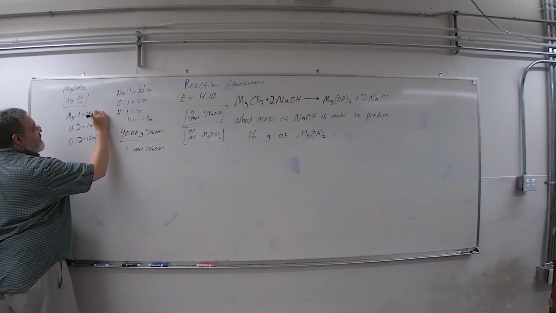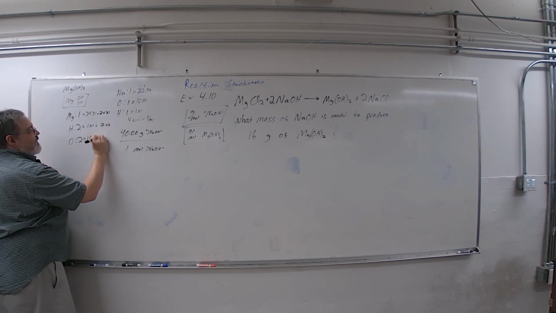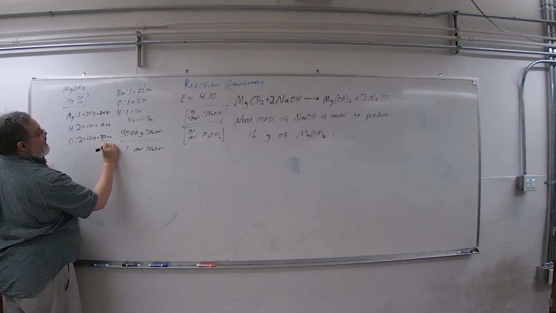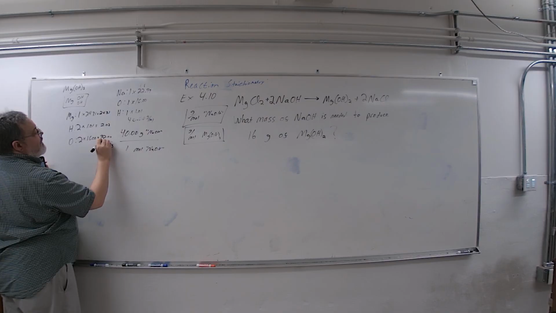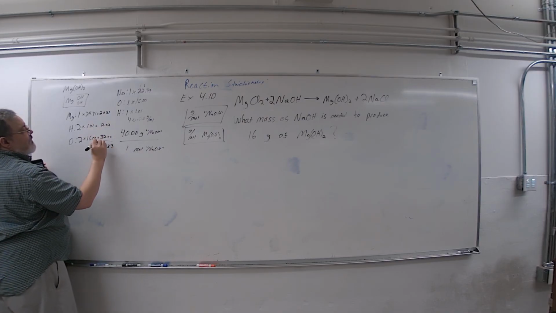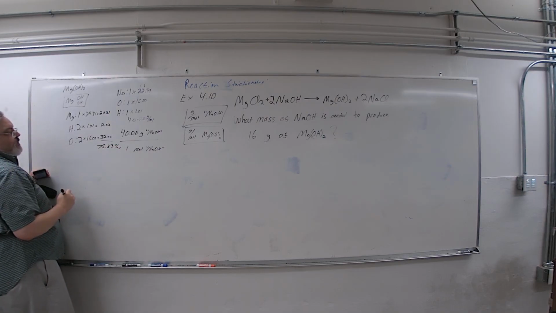This is going to be 24.31. This is 2.02. 2 times 16 is 32. Oh, 3, 3, 8, 4, 78.33 grams per mole.